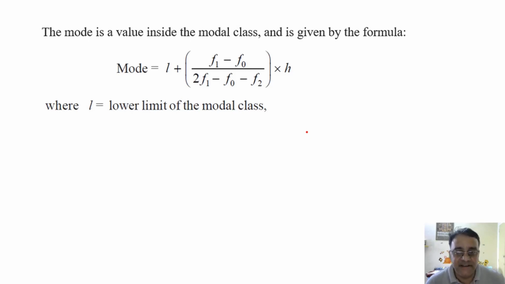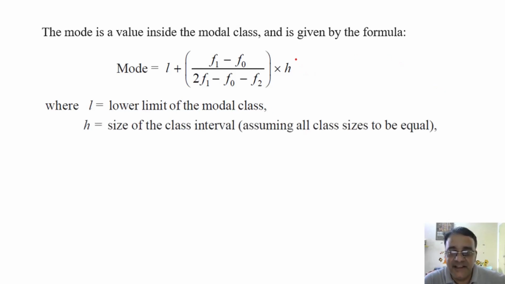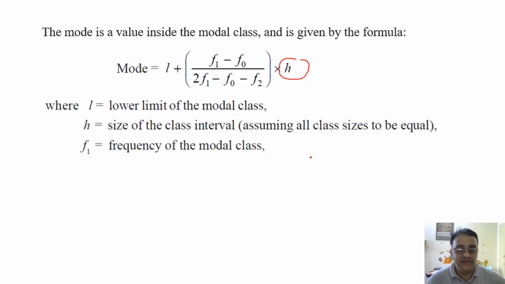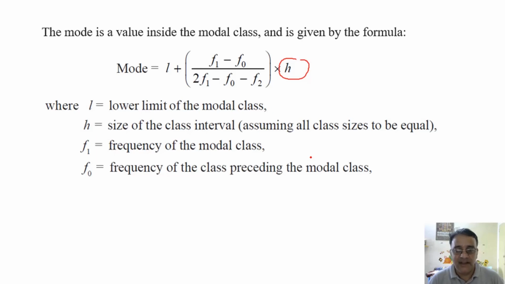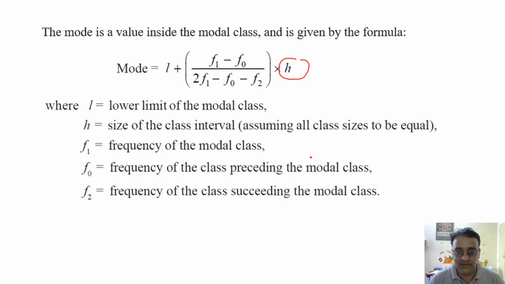Now f1 is the frequency of that modal class and h is the size of the class interval. f0 जो है f1 से पहले का क्लास फ्रीक्वेंसी और f2 f1 के बाद का फ्रीक्वेंसी. Okay, so how will you write, f0 is the frequency of the preceding class of the modal class, and f2 is the frequency of the class succeeding the modal class. So this is the formula.